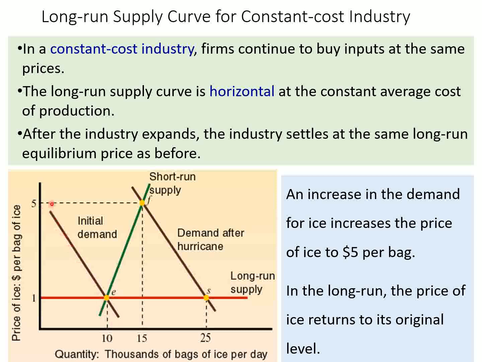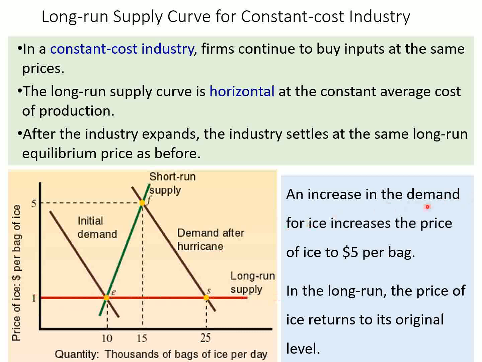This one is the demand, the initial demand. And in the long run, this upward supply curve becomes horizontal. That means they supply with the same price, regardless of the quantity of production.